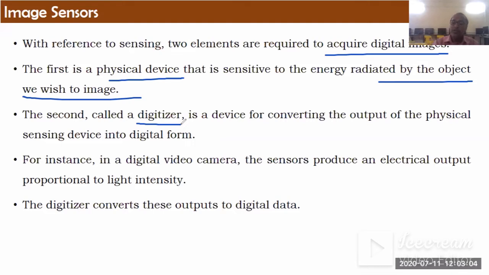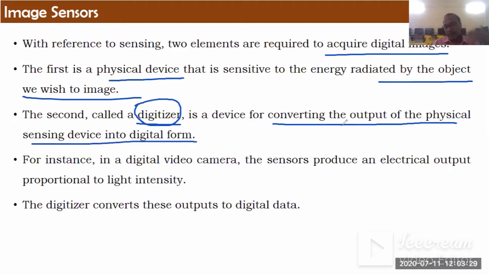So we need to convert that analog form into digital form, and for that purpose it requires the digitizer. The digitizer converts the analog signal into the digital signal. So the second part, the digitizer, is a device used to convert the output of the physical sensing device into digital form.